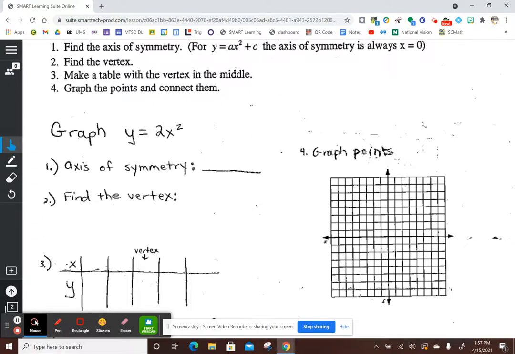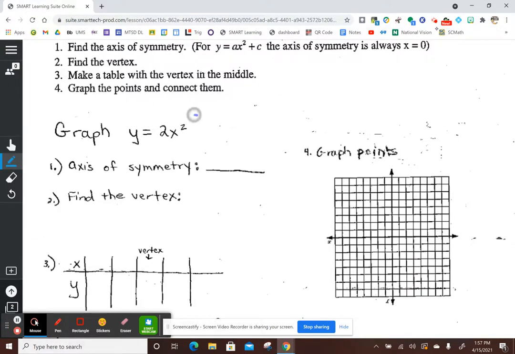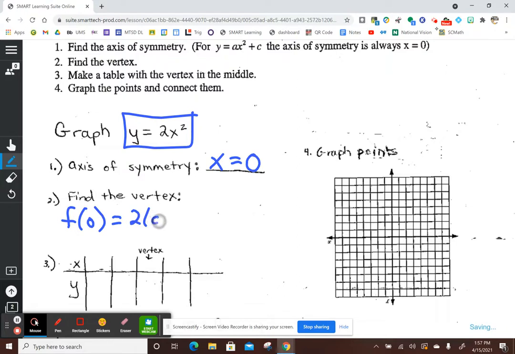So we're going to actually graph this equation, y equals 2x squared. So because b is 0, the axis of symmetry is x equals 0. So to find the vertex, I plug in 0 for x to find f of x or y. So in this case, when x is 0, y is 0. So my vertex is 0, 0. But now I'm also going to pick some other values. I pick values to the right, values to the left. And I take advantage of the symmetry.